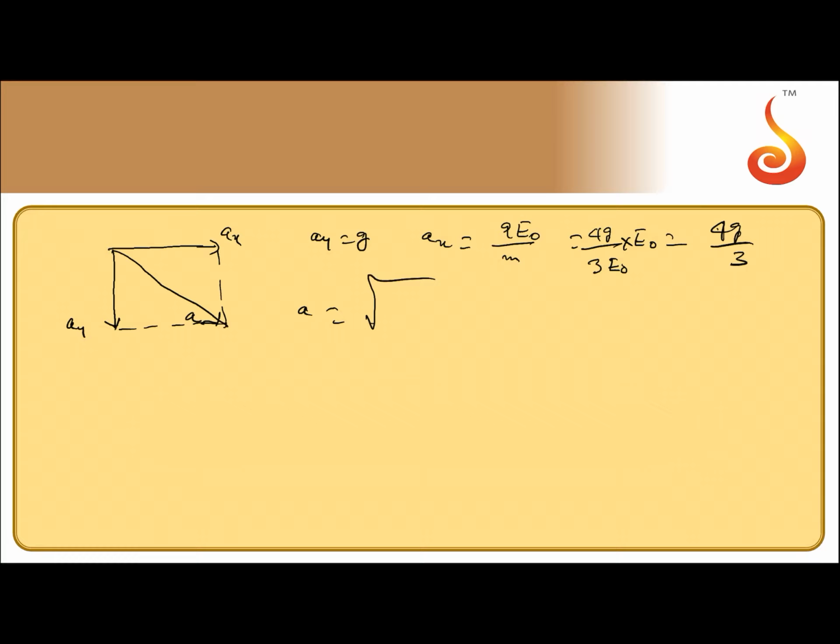So A is 5g by 3. And if this angle is theta, tan theta is four by 3.